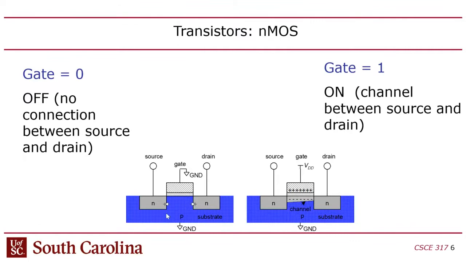The bottom of the capacitor, that's the part that's weird, because when the transistor is off, the bottom part of the capacitor is the substrate, right? But when the gate is on, the bottom part of the capacitor is no longer the substrate. It's no longer at the substrate's potential, right? What ends up happening is that the voltage of the substrate is at ground when the transistor is off.